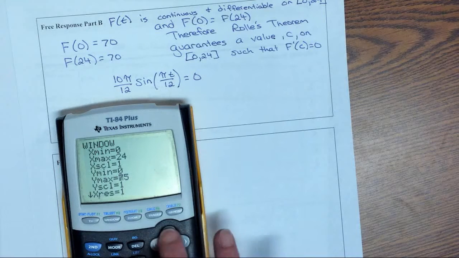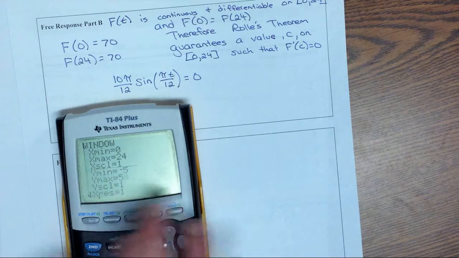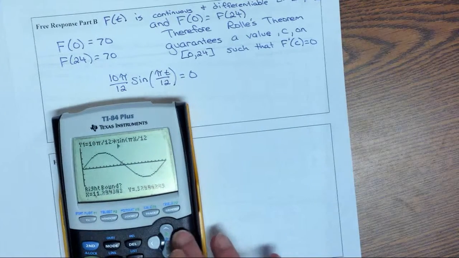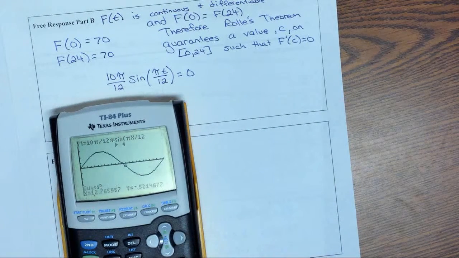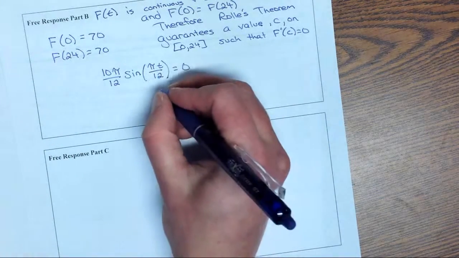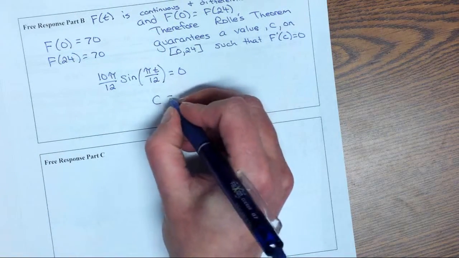But I'm really trying to find when it's 0, so I'm going to change that back to -5. I don't really care how high it goes. Right there. Zero. X equals 12. So in our case, the value C is 12.